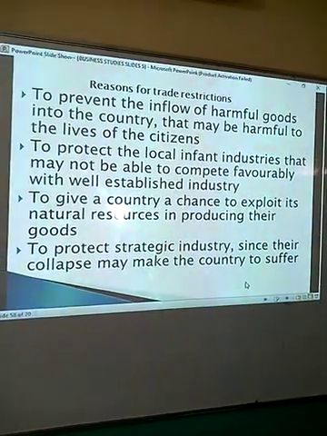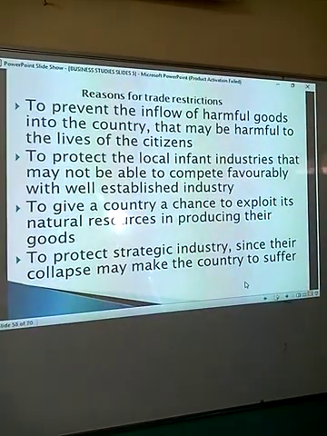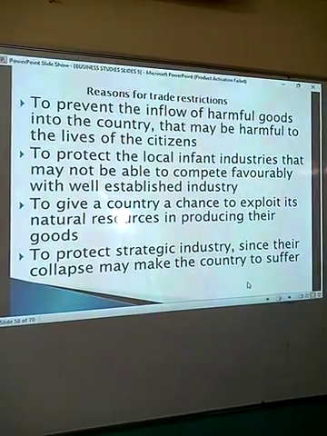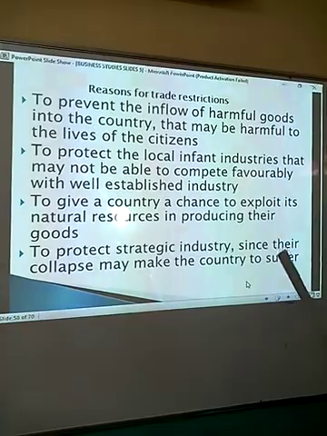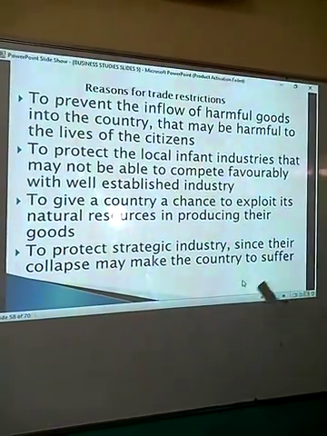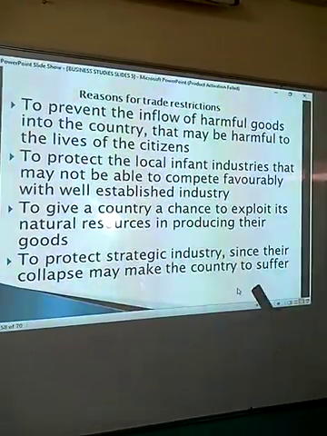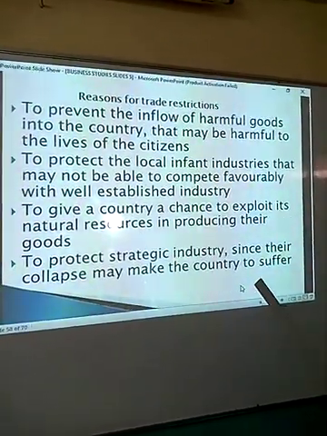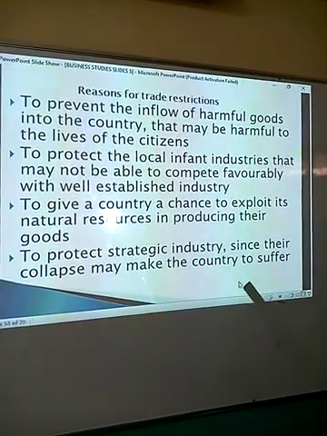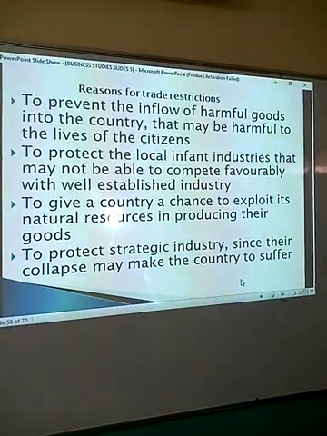There are certain goods which are so harmful that if the borders of a country were just opened for trade to take place, these commodities will find their way into the country. Some of them are like hard drugs, like heroin and nicotine. Now the government can decide to restrict trade to ensure that these harmful commodities do not find their way into the country.